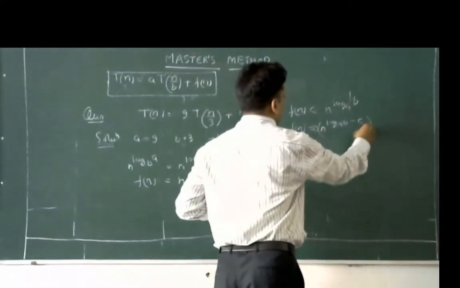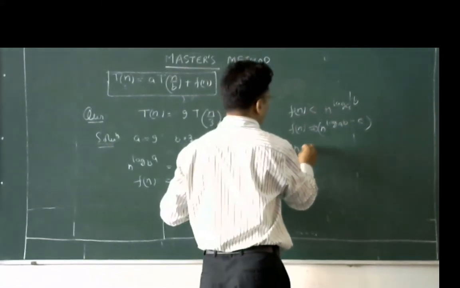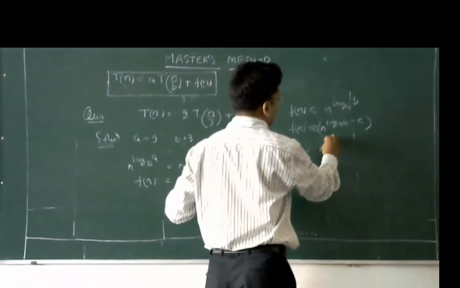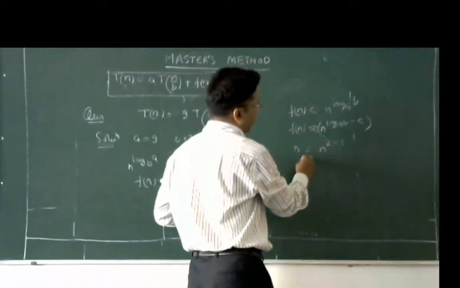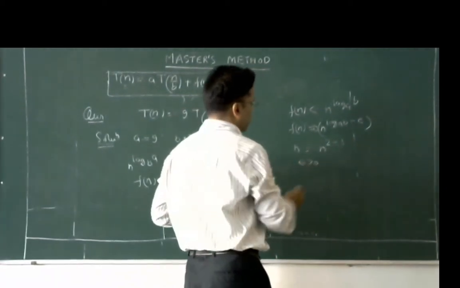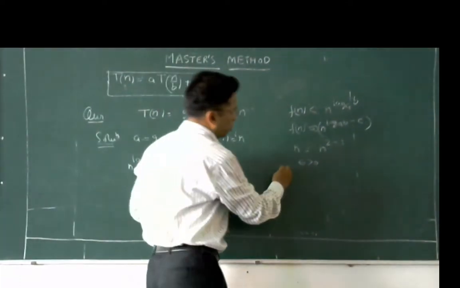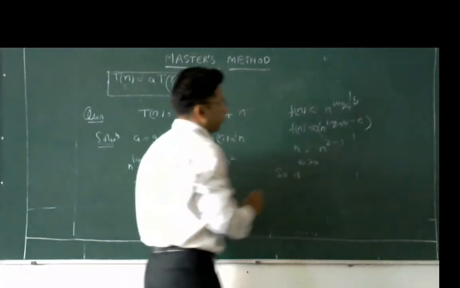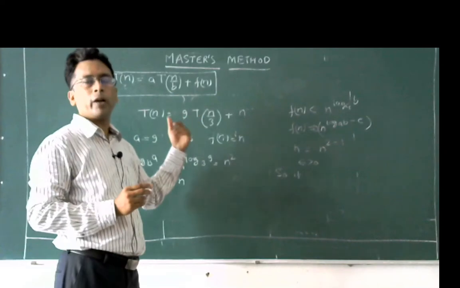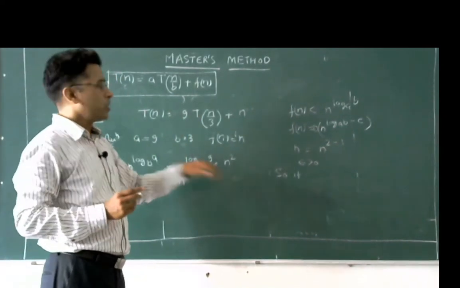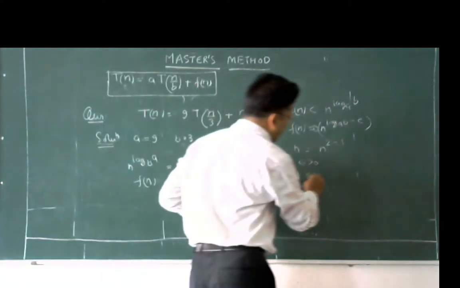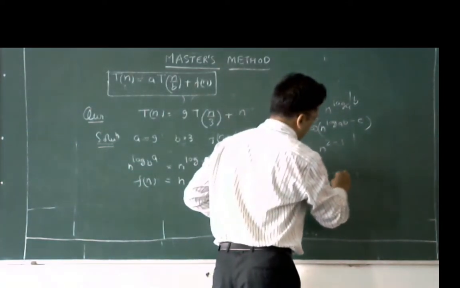So f(n) here is n, which equals n squared minus 1, and here epsilon is greater than 0. So when f(n) is less than n raised to the power log a base b, then case 1 arises. So it comes under case 1.